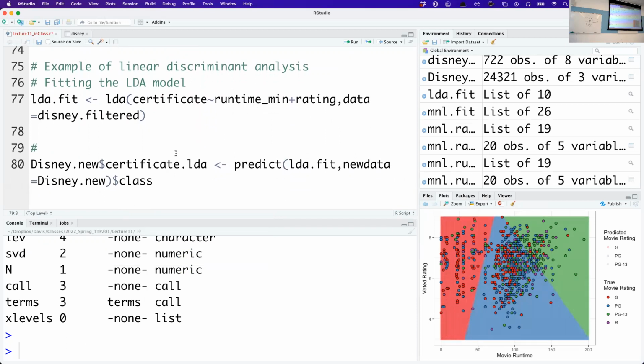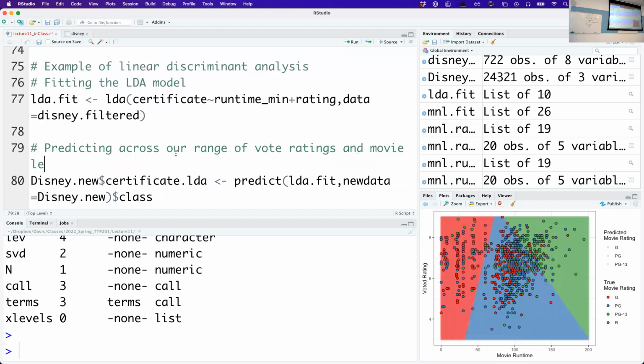That was the Disney.new. So predicting across our range of vote ratings and movie length times using the LDA.